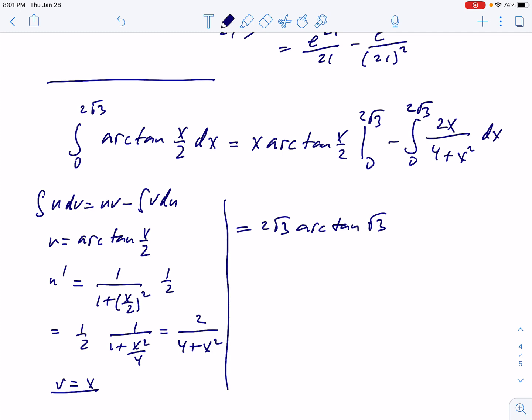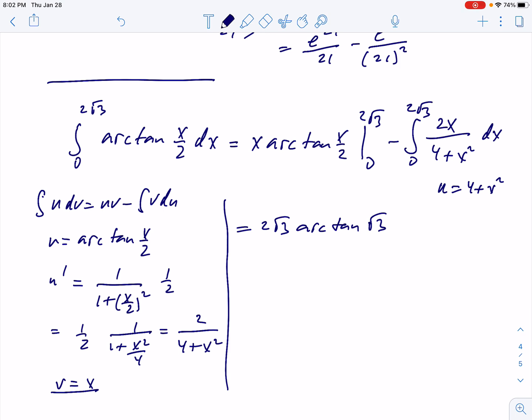And what about this integral here? For the integral, we do substitution. u equals 4 plus x squared. And du is 2x dx, which is right on the top.